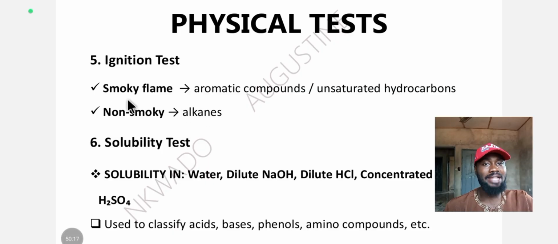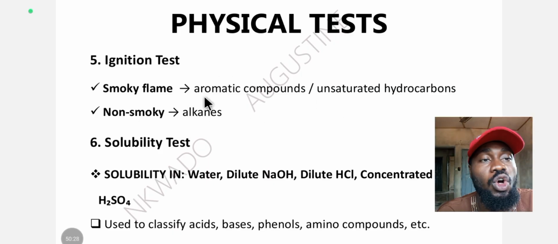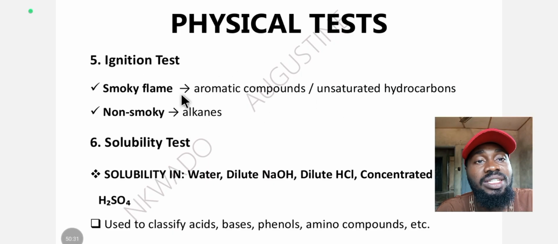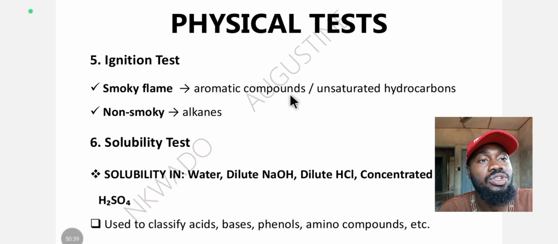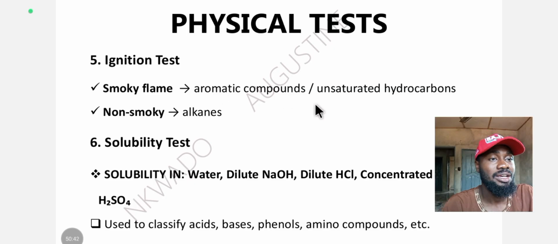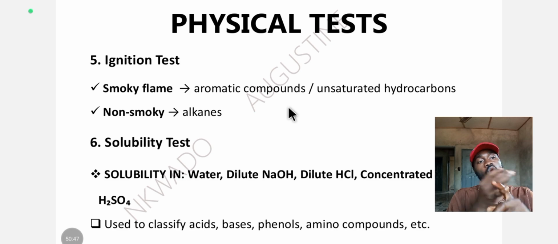Let me explain why aromatic hydrocarbons and unsaturated hydrocarbons are both smoky. It appears smoky because of the high percentage of carbon. The unsaturated hydrocarbon has a higher percentage of carbon. It has more than one carbon bond, either double or triple carbon bonds.